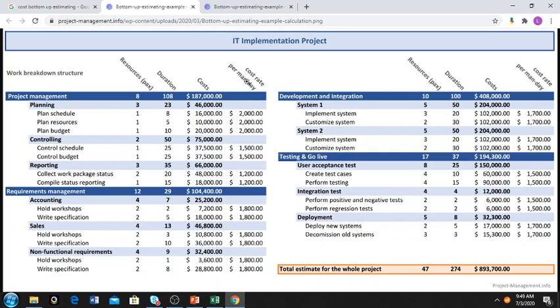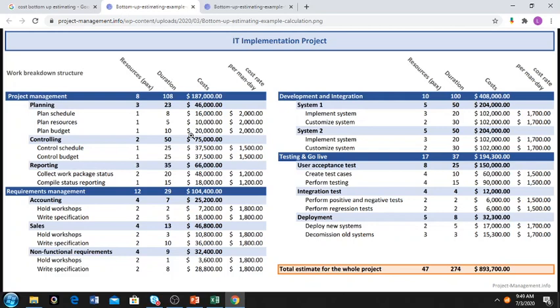You have a rate here, and you multiply this times this gives you this, and so on. So it's parametric because you have some calculation here involving different parameters or variables.